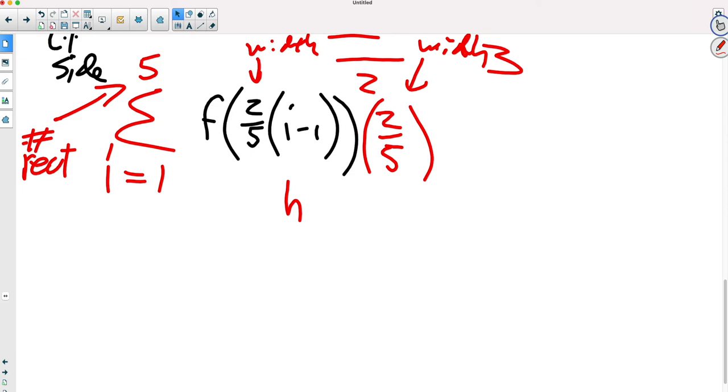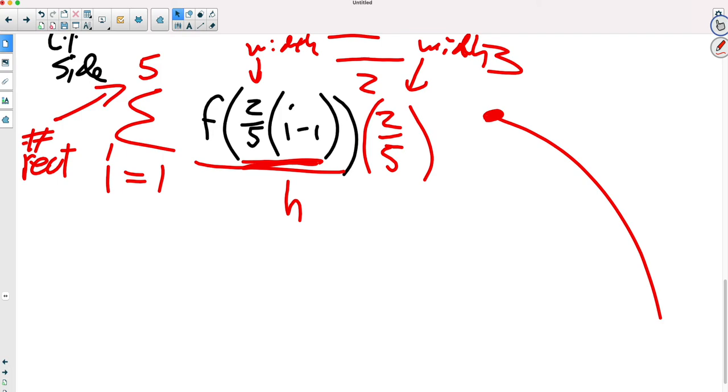But now our job is to estimate what this is, or to actually find out what this is. So instead of f of this, I'm going to actually substitute this back into our equation, because in order to get the height of the function, I have to put this x value into the function.